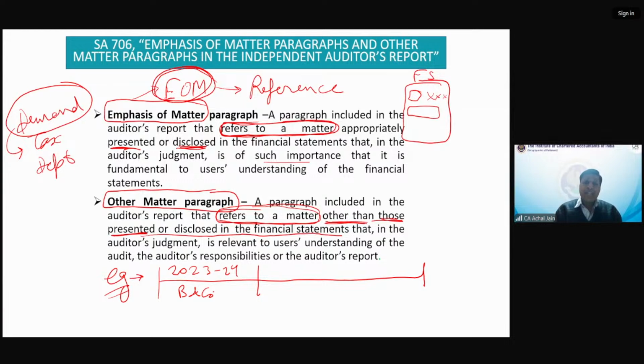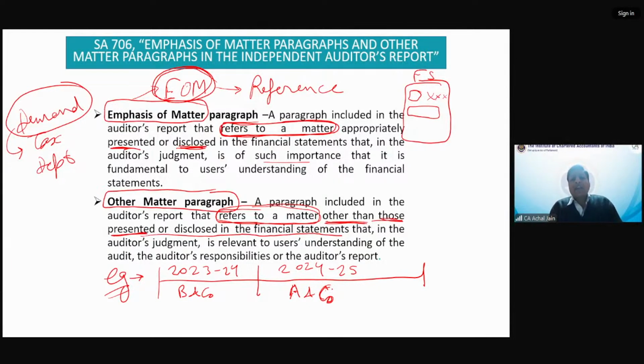Now, next year, for 24-25, a new auditor has been appointed. Say A and company is the auditor. So now in 24-25, a new auditor has been appointed who is performing audit of the financial statements of 24-25. Okay.